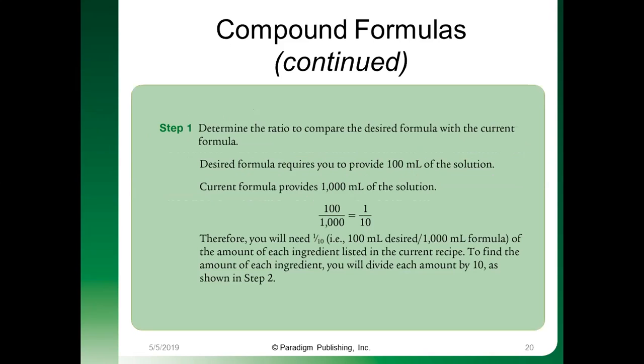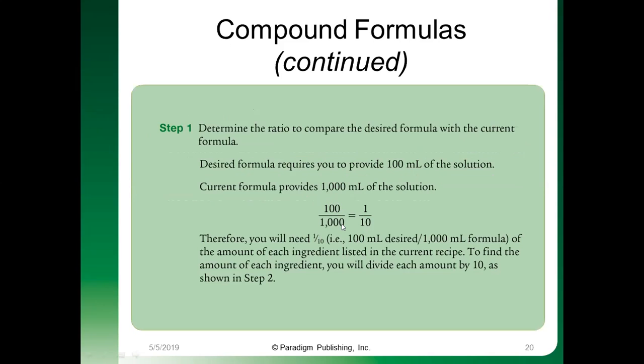So determine the ratio to prepare the desired formula with the current formula. The desired formula requires 100 ml, and the current formula is for 1,000. So you're going to get the ratio of the two. The desired formula would be on top, in the numerator, so 100.